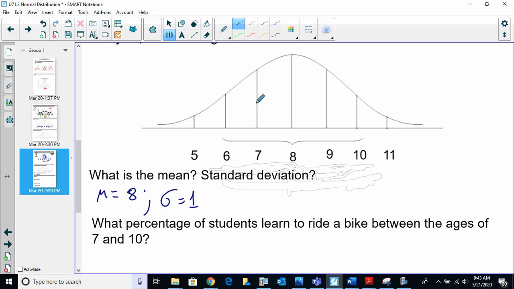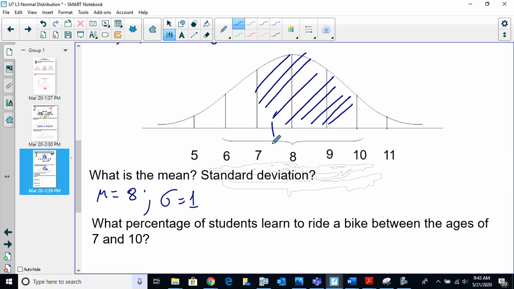What percentage of students learn to ride a bike between ages 7 to 10? The sector that we are looking for now is this one here, from 7 to 10. This sector is 34%, this sector is 34%, and the third one is 13.5%.